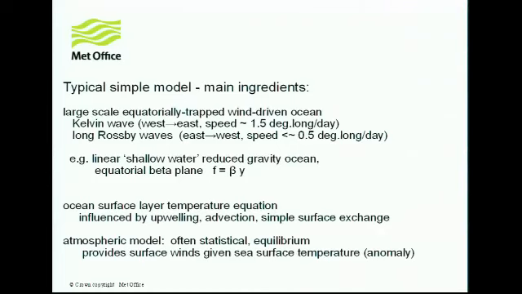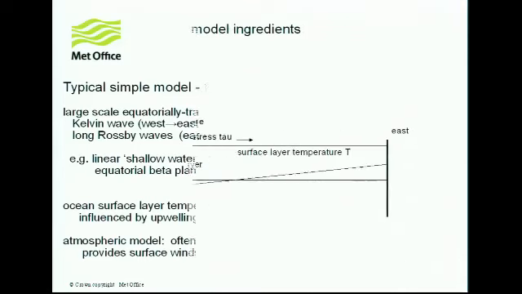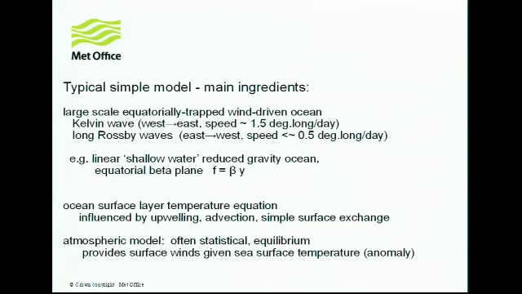Again, I think most people are probably familiar with the ingredients of these, but a simple typical model for ENSO, you want to simply represent a wind-driven ocean, typically a reduced gravity ocean. Linear dynamics is usually good enough on an equatorial beta plane, captures most of the essential features that you want with this degree of simplicity. You want some sort of representation of the dynamics of the temperature at the surface, representing upwelling, advection, simple exchange with the surface, and a typical atmospheric model is usually statistical in nature.